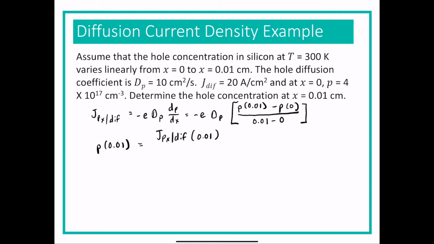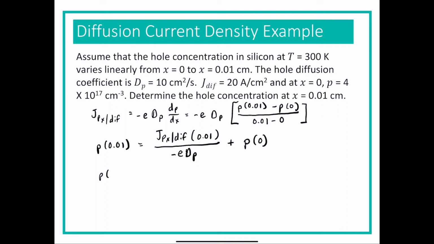I'm not going to put the minus 0 in there because we all know what that is. And then the negative E dp is going to be on the bottom. And then we'll have to add the amount we had at the beginning. So now it's just a question of putting in numbers and getting an answer.